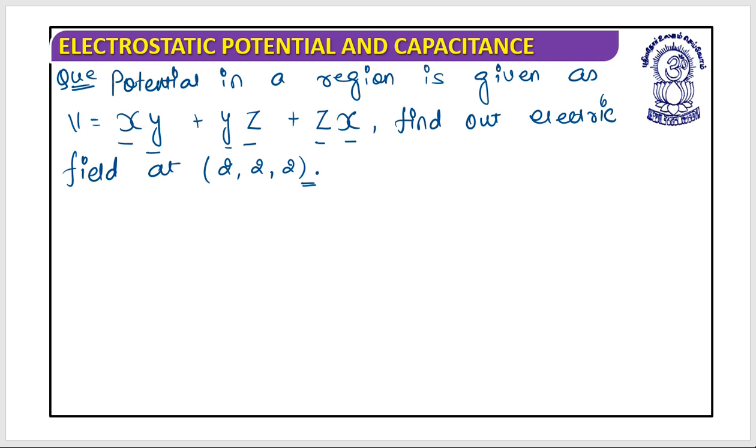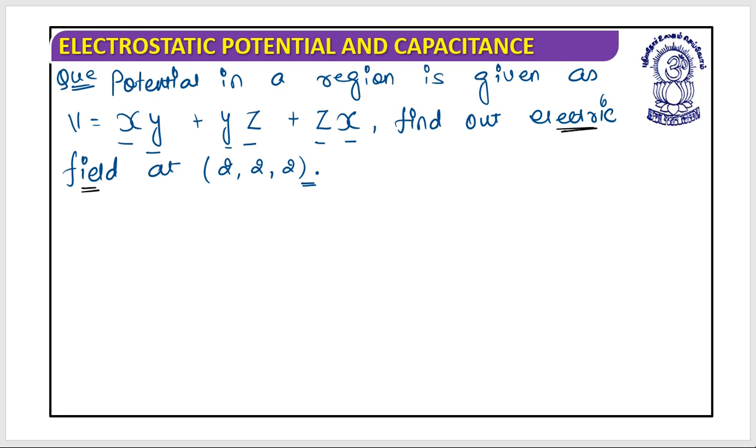Now, I need to find out the electric field. Is it scalar or vector? Electric field is scalar or vector? Yes, it is a vector. And when it is a vector, I require the magnitude of electric field in x, in y, and in z direction, and then I need to add them using the laws of vector algebra.